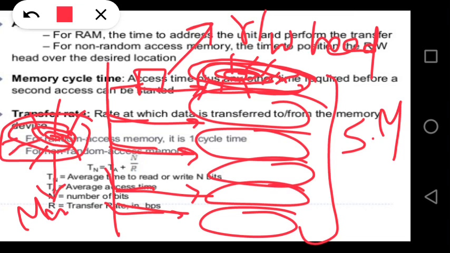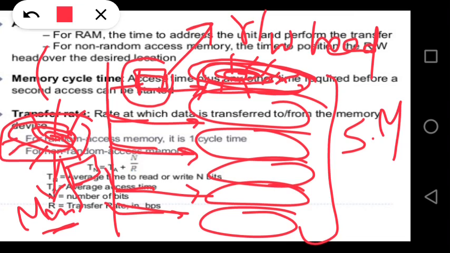Now it is the job of the read-write head. The amount of time to place the read-write head onto the desired location. If you want this memory location, the read-write head should be placed here. From that time onwards, the time required to read the data at this location and place it in registers is called access time in the case of secondary memory devices.